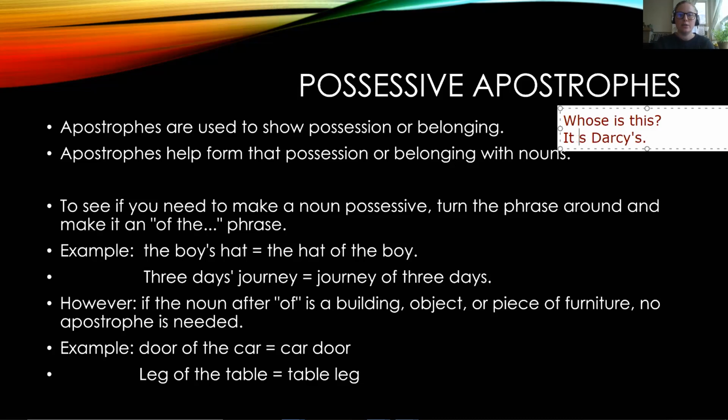The test is, can you write it out as "it is," and does it make sense? "It is Darcy's." And this apostrophe S shows that whatever it is referring to, in this case maybe my phone, holding up my phone, the phone is Darcy's. It belongs to her. She owns it.